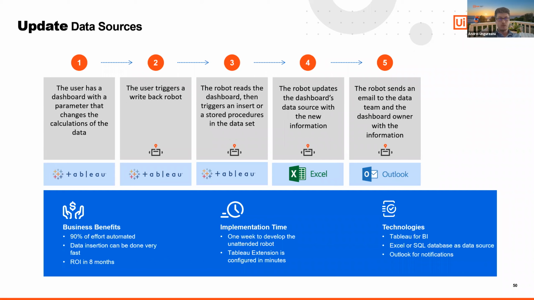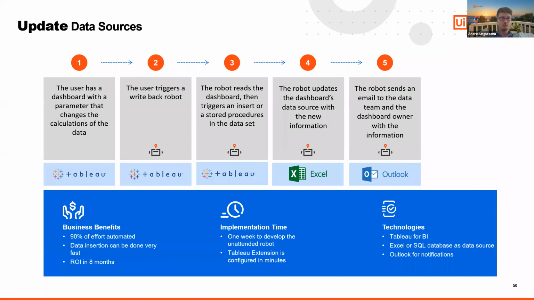What this trigger means is that the robot would read the dashboard, read the specific lines where the change has been applied by the parameters, and then trigger either an insert or a stored procedure or save the data in an Excel file. It depends on what data source has been set up for Tableau. And then the robot can also proceed to update the dashboard's data source with the new information.